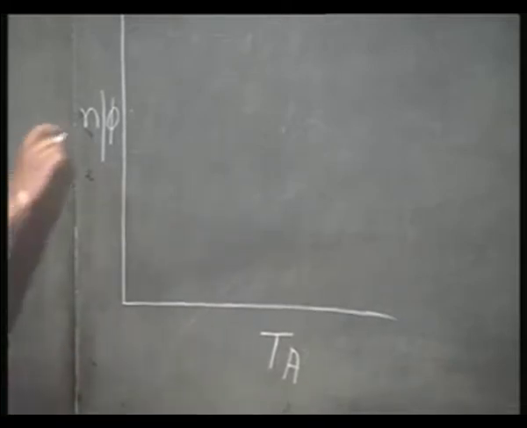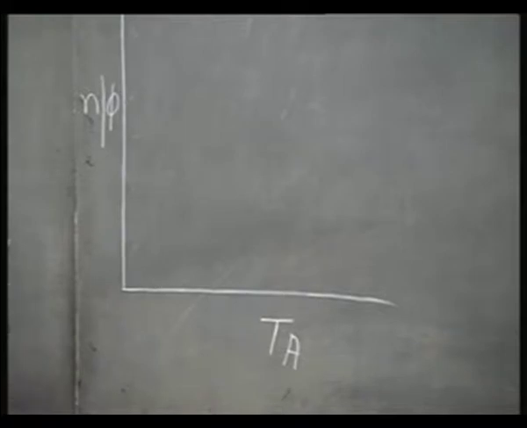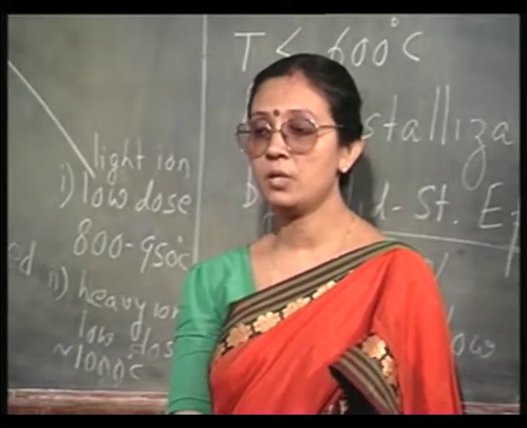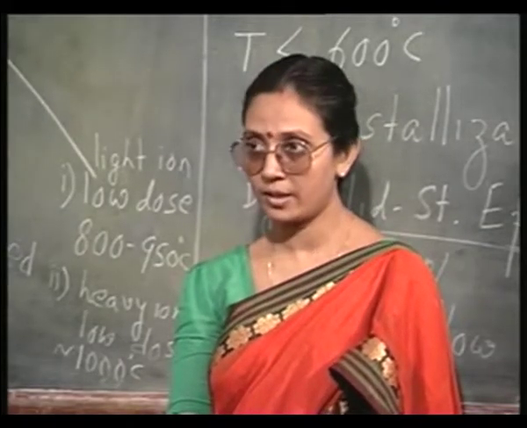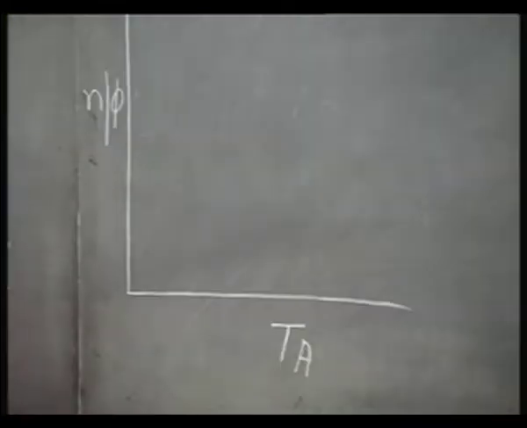When I write N by phi, phi is the total dose that you have decided on, and what you are measuring after the implantation and annealing is the active carrier concentration, that is N. So, N related to phi, at most it can go to 1.